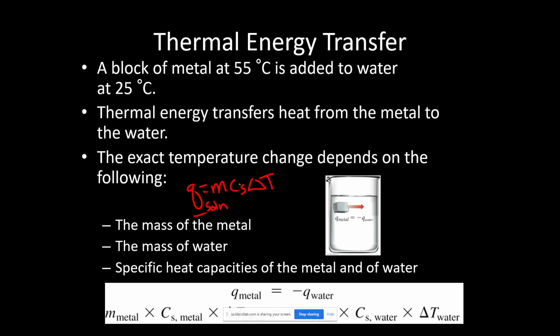If a piece of metal and a solution are exchanging heat, the only extra thing you would do is take the heat for the solution and give it the opposite sign. So if the solution gained 500 joules of heat, then the answer would be negative 500 joules, because that's what the metal would have lost.